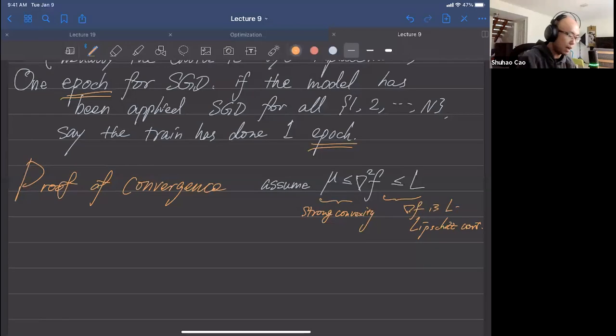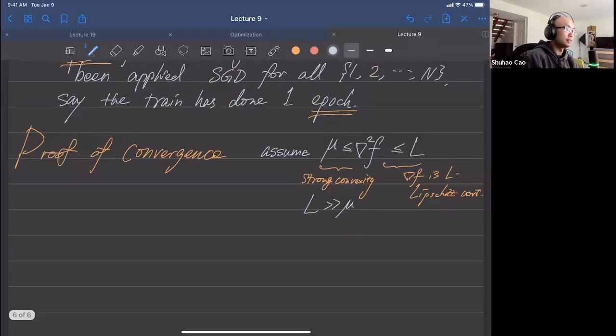We assume we have that, and normally we further assume that L is much bigger than our strong convexity constant. So now let's look at the proof.